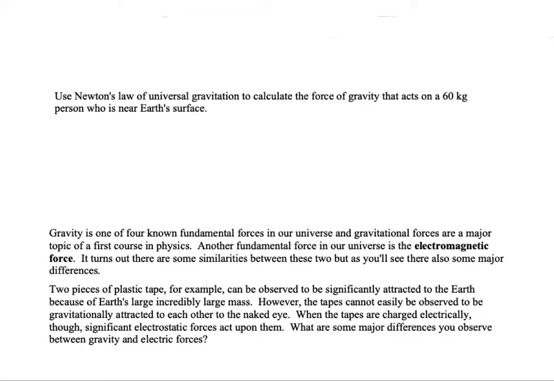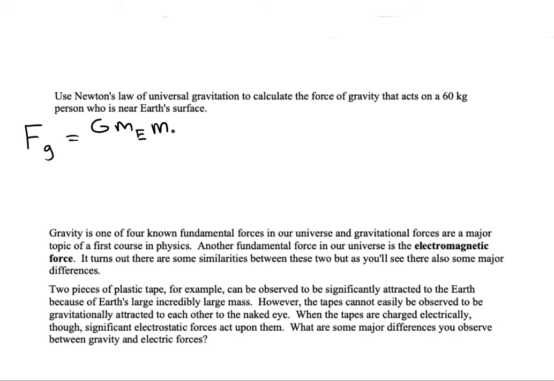Let's do an example. I'll use Newton's law of universal gravitation to calculate the force of gravity that acts on a 60 kilogram person who's near Earth's surface. First, I'll start with Newton's law. I'll modify it to include Earth's mass as the object exerting the field.